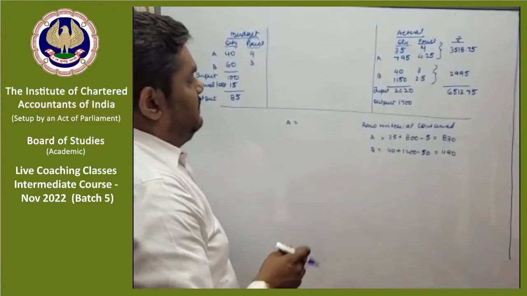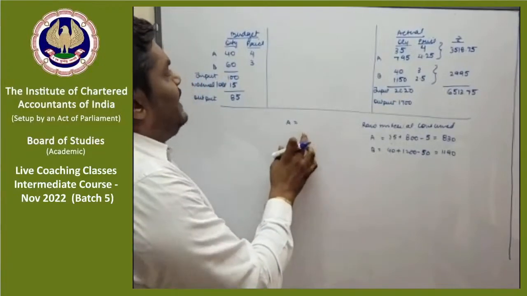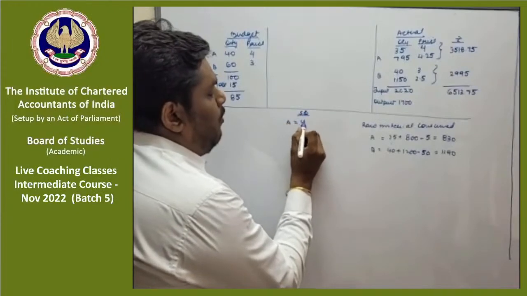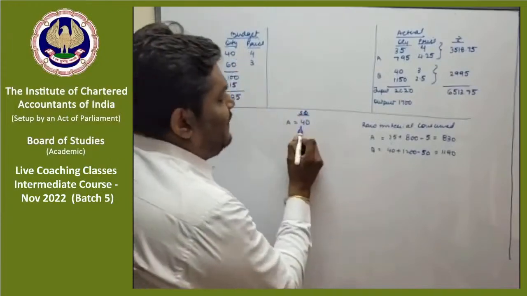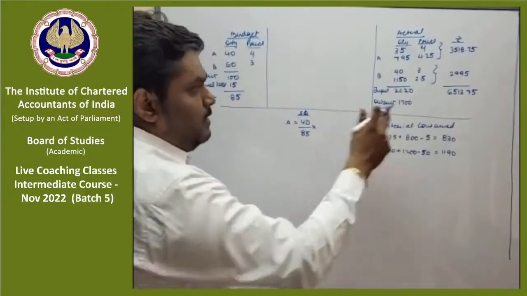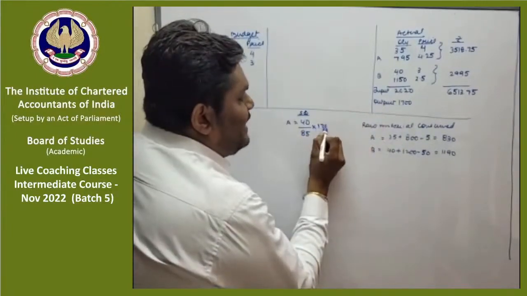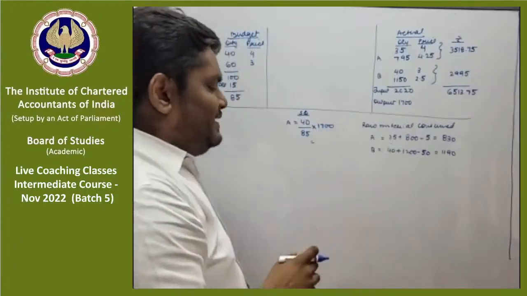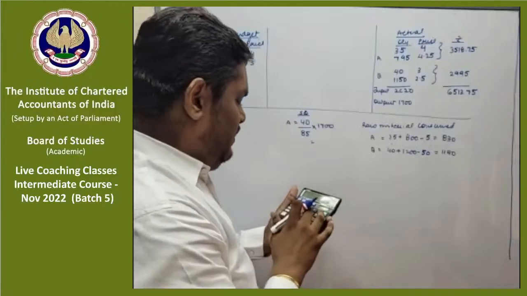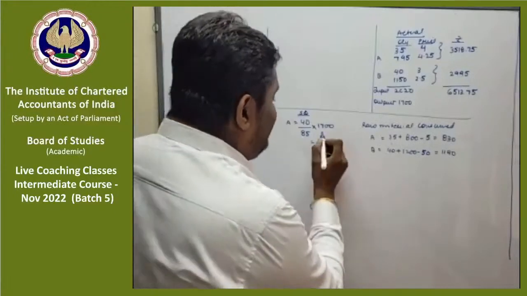So when talking about A, 40 is for 85 units of output. So for 1700 units, how much? Very simple, 40 divided by 85 into 1700, that is 800.